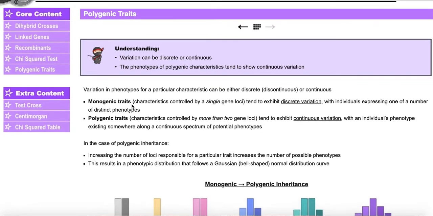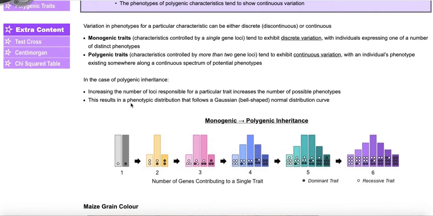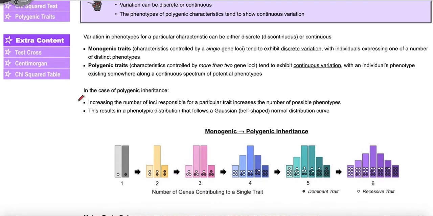So let's look and see at how that is done. So as you increase, in polygenic inheritance, polygenic traits, the number of loci responsible for a particular trait, then you also increase the number of potential possible phenotypes.